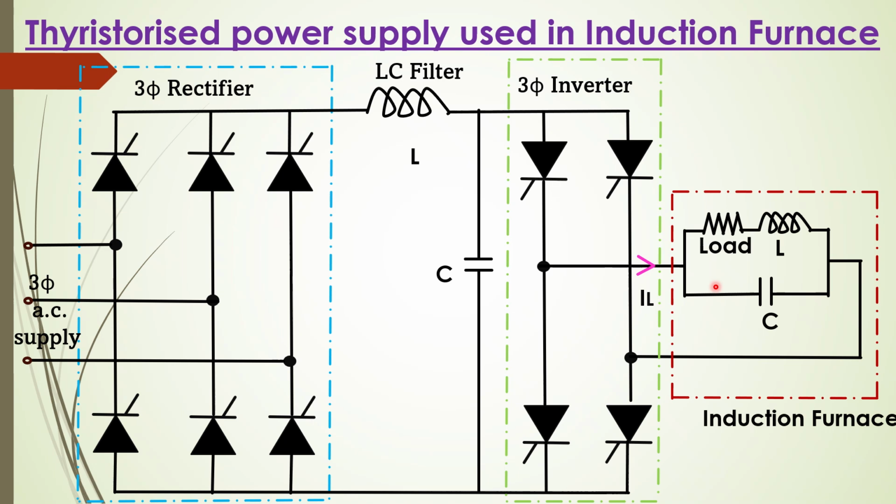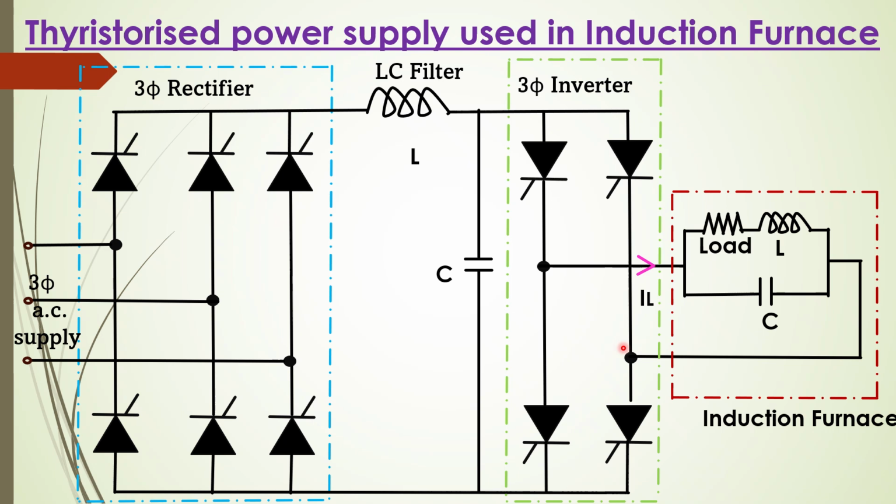So the three-phase supply is converted to a DC by the three-phase rectifier here, and the ripples in that are reduced by using a filter, nothing but the LC filter used here, and then the inverter is used to convert this DC to the AC.